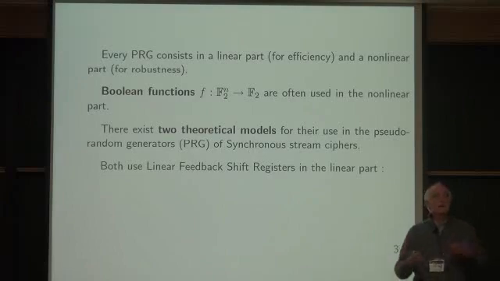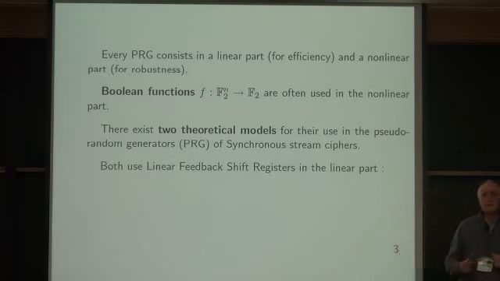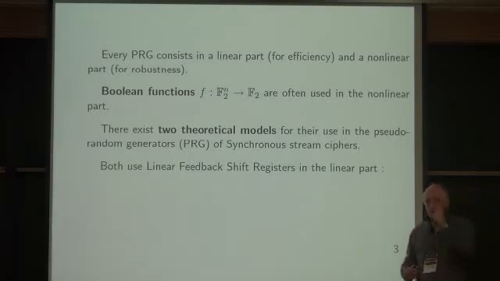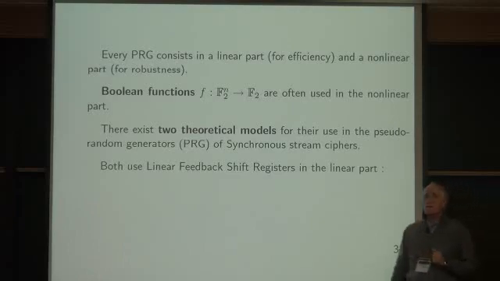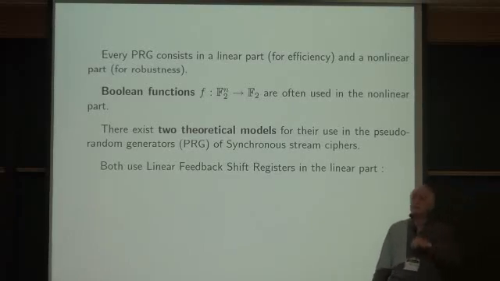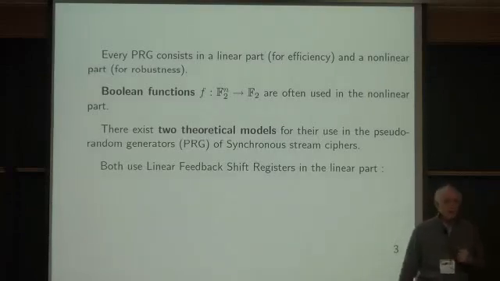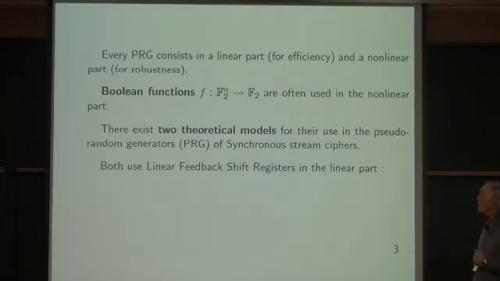All the candidates were robust, all those which went to the end of the contest, and the one which won was the fastest. So we need to be fast, and linearity is the solution to it. But all that is linear is weak against attacks. So you also need a nonlinear part, and often the nonlinear part is made by a Boolean function.